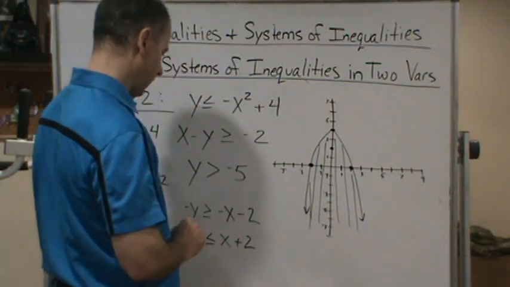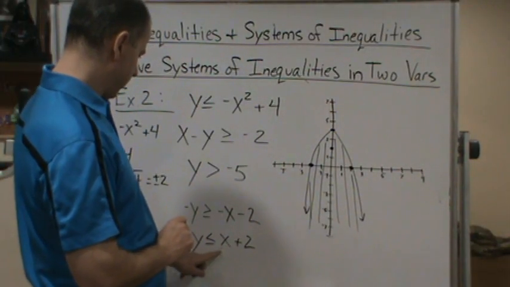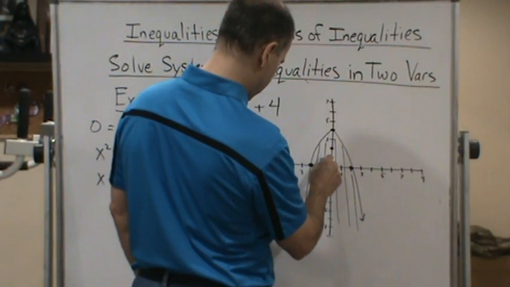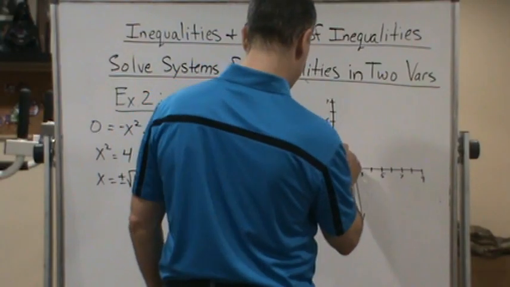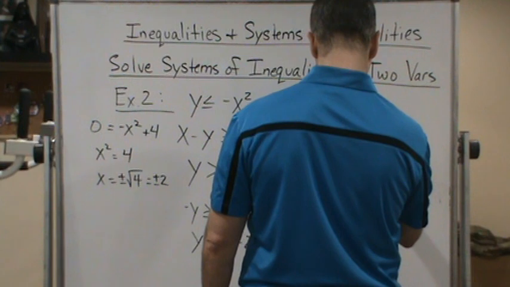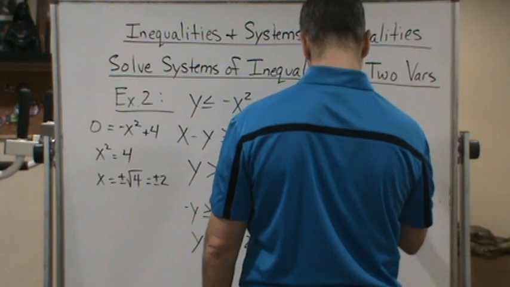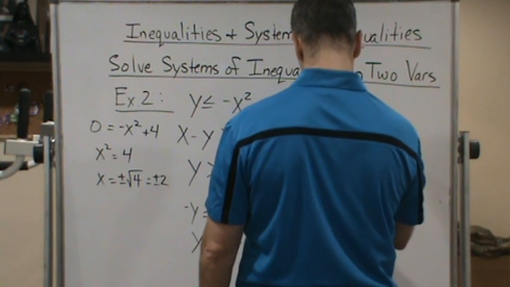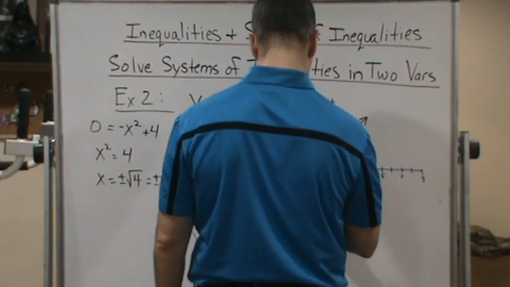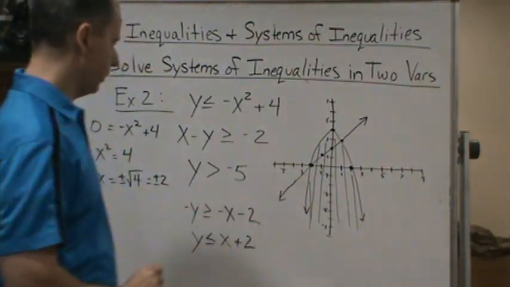Right there, okay? We can see that the slope is 1, so it's going to be here, and it's going to go here. Right, so we have a straight line like that, okay?